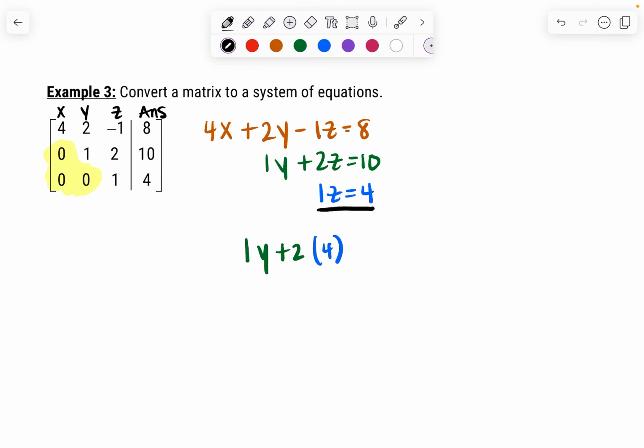The reason why the 3 zeros are really nice is that you can plug it in directly into the equation above, and you can solve for y. So in this case, y plus 8 equals 10, minus 8, minus 8, y equals 2. So I have my z, I have my y, and I can take both of these and plug into the top equation.